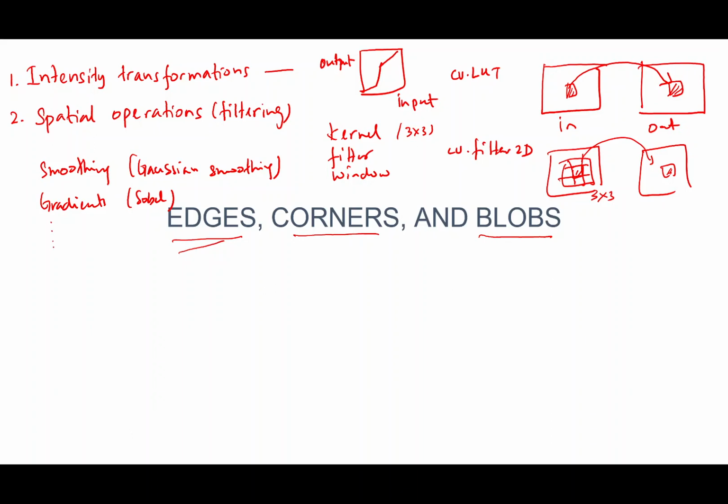So you can see in intensity transformations, we choose the input-output transformation. In spatial filtering, we choose the correct kernel so that we can get the effect that we desire. So by building on this spatial filtering, we will look at edges, corners and blobs.